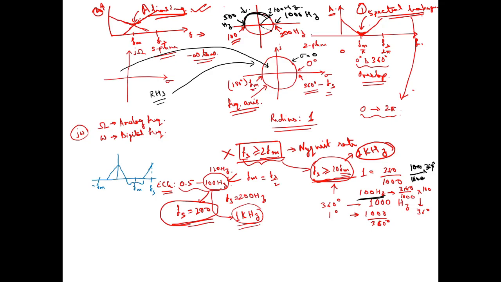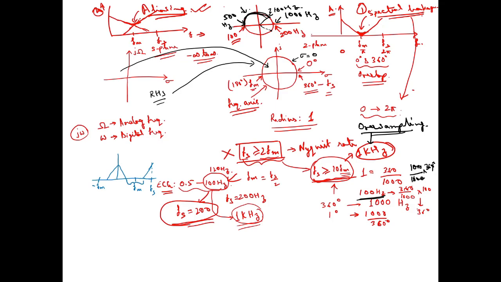So this phenomenon is called oversampling. Oversampling means when we sample a signal at a higher frequency than that required by the Nyquist rate.